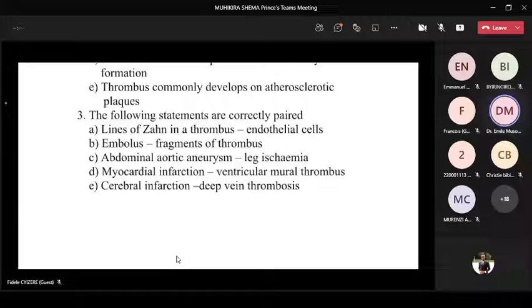But this is very, very rare. So this one is false. Normally, deep vein thrombosis is not associated with cerebral infarction, except in the case of paradoxical embolism, which is very rare. Okay?